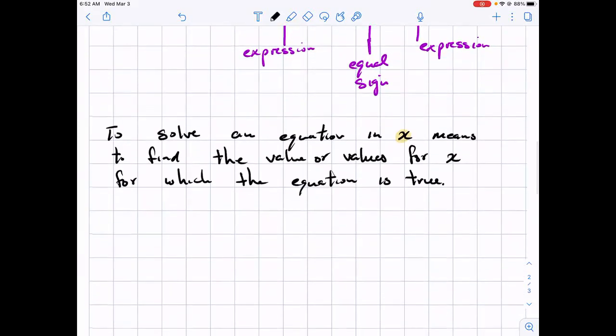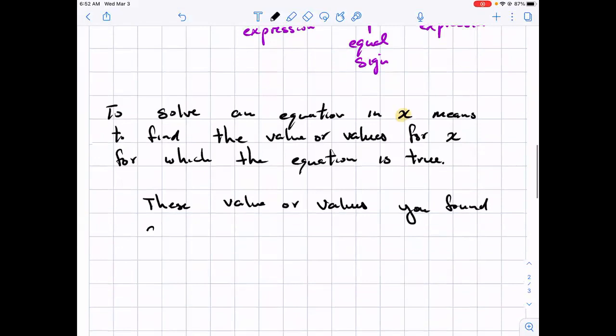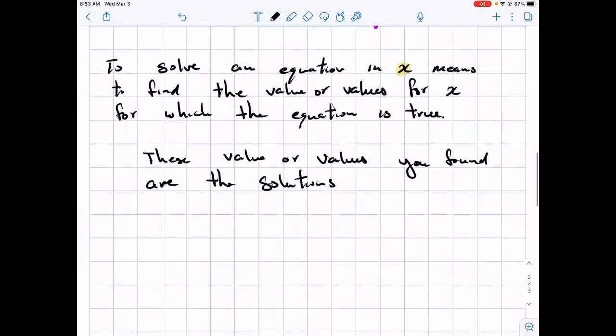Now I can give you a scenario where you can physically just look at it and you will be able to guess the value of X. These value or values you found are the solution. The values that you find are the solutions to the equation.